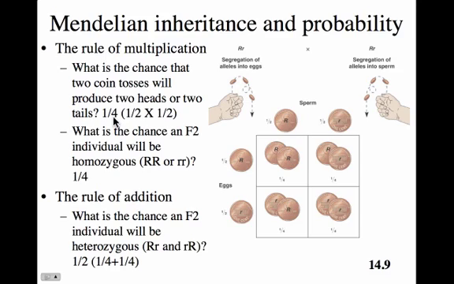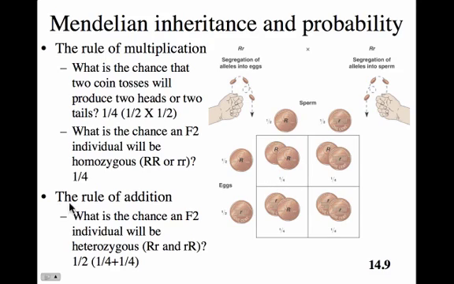So we can restate that question genetically and ask, what is the chance that an F2 individual will be homozygous, either big R or little r? And again, let's look at the Punnett square here to see these genotypes. So it's exactly the same idea, and the chance that you'll be big R is a quarter.